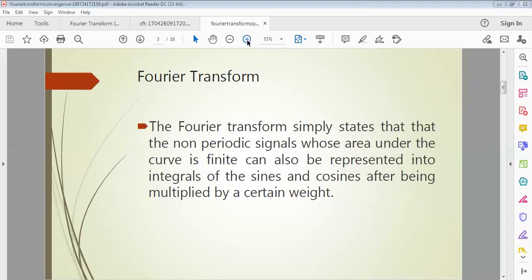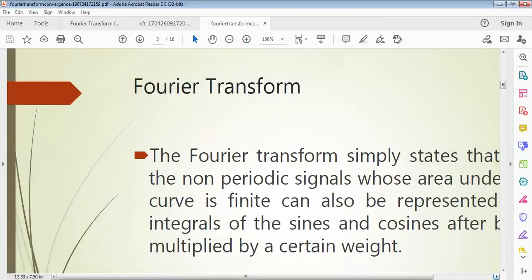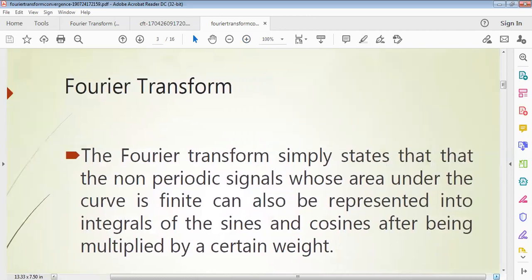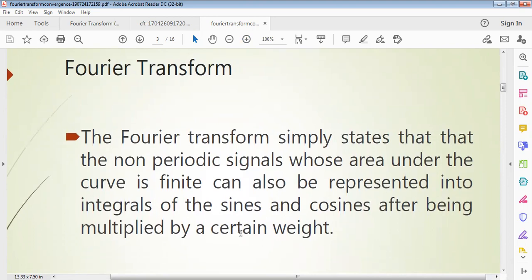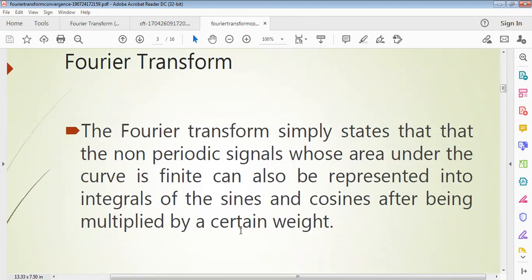First of all, what is Fourier transform? The Fourier transform simply states that non-periodic signals whose area under the curve is finite can also be represented as an integral of sine and cosine after being multiplied by a certain weight. That means we have to represent it in integral form.